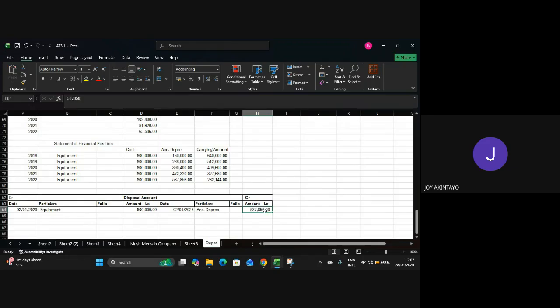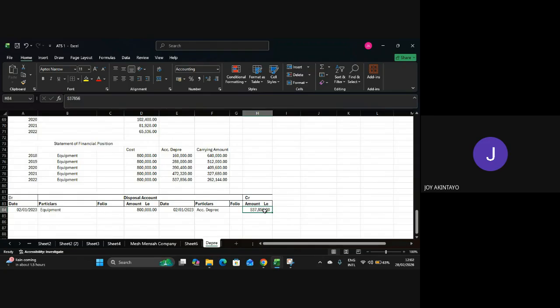Now we've actually sold the asset out. When we sell the asset out, what do we receive? When you make a cash sale, what do you receive in return?